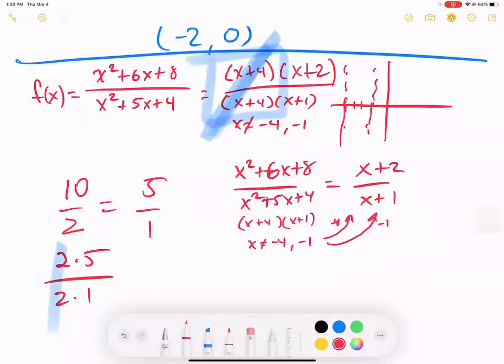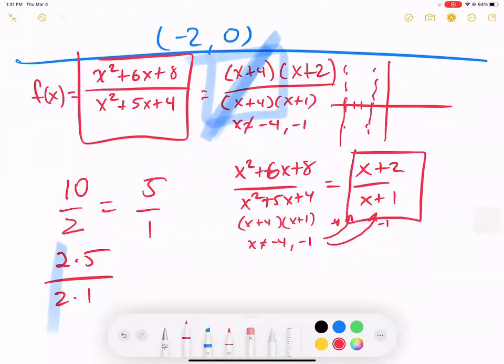But just because your parents aren't home doesn't mean you can have a party, right? Your parents aren't home, that means we can party, do whatever we want. Nope, the rules are still there. As if your parents were still there, you still have to follow these rules. And the rules are that we can't use negative 4. But at every other point, this graph looks just like that graph.